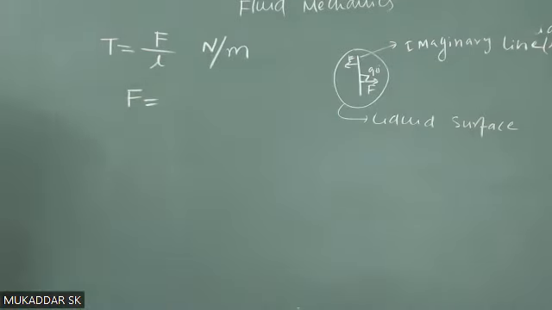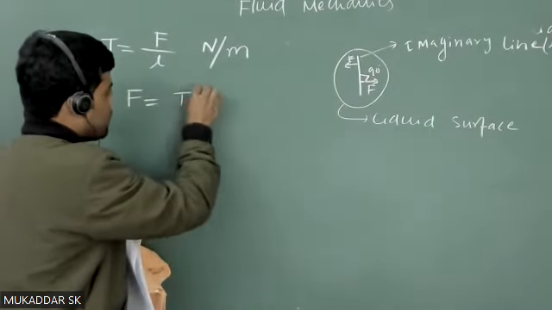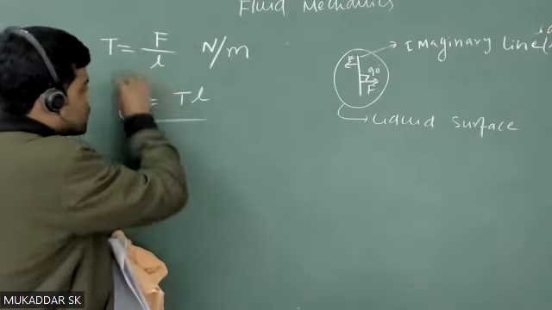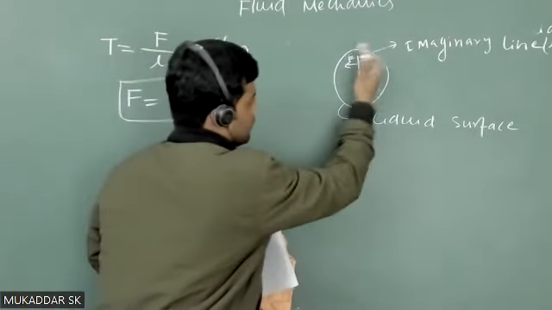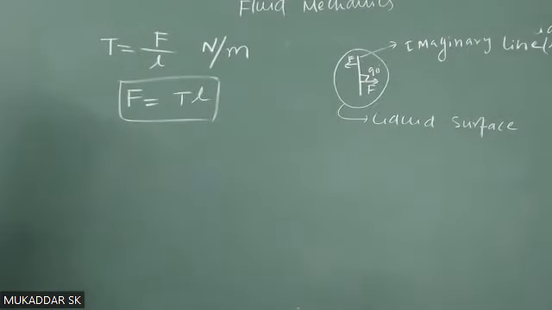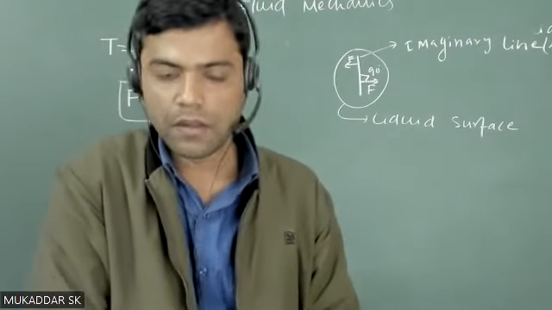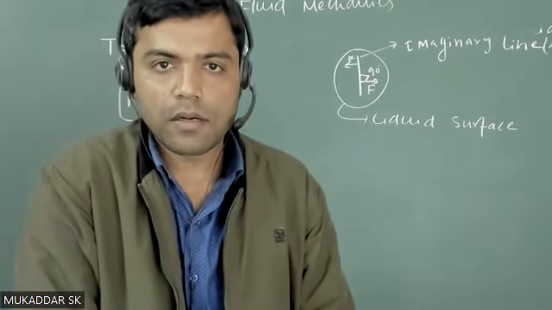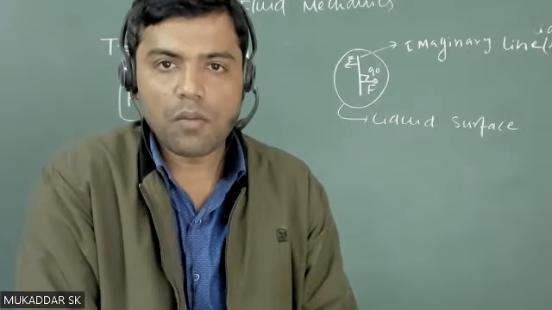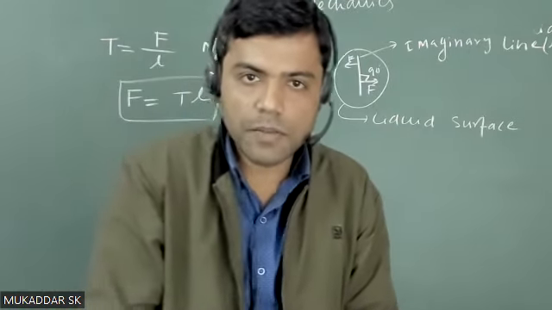the total force acting on the thread will be nothing but surface tension times L. So this much force is acting on both sides, this side also and this side also. On both sides, the force is actually T into L. So if someone asks you how much will be the net force on this imaginary thread or imaginary line, the net force will be 0.